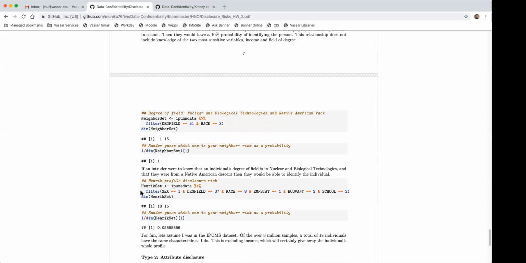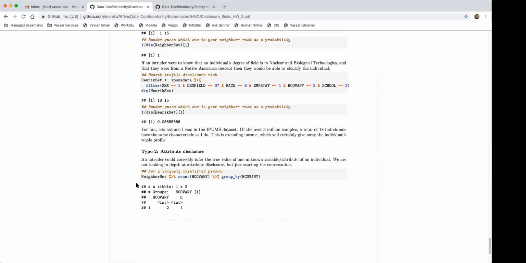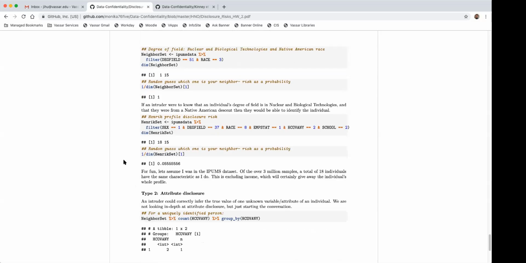If I put in all my variables there, it would be about 5%. That's something I thought would be interesting, and hopefully I can get more out of the data set through more research, starting with the attribute disclosure.